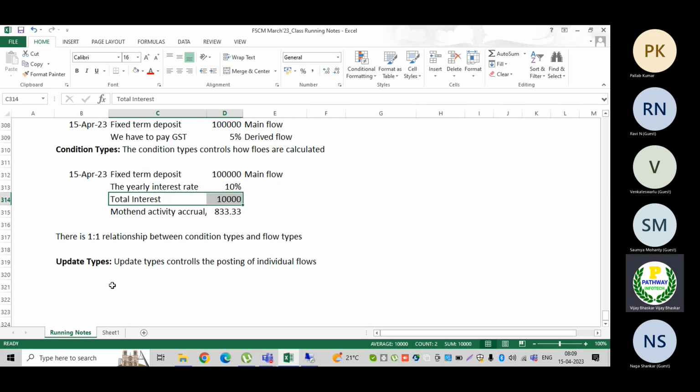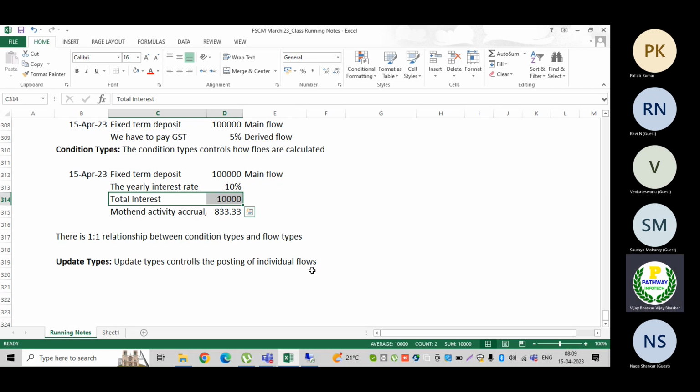How will the system identify, how will the system know this is my principal amount and this is my nominal interest? In such a situation, the update types will identify the flows. That is what I mentioned: update types controls the posting of individual flows, what needs to be updated.